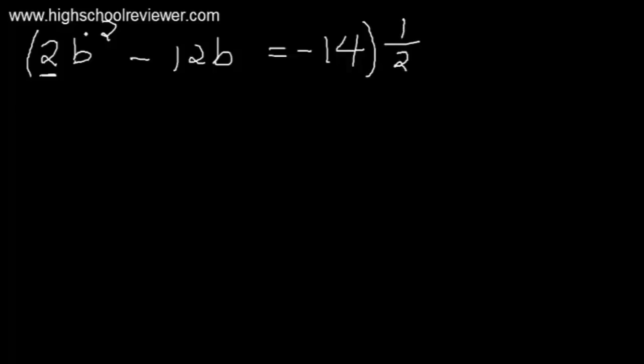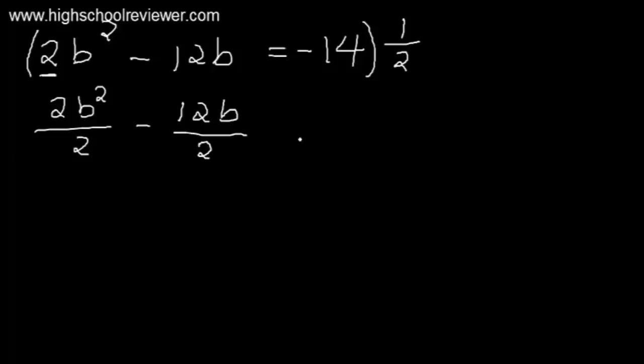Okay, so 2b squared times 1/2, that will be 2b squared divided by 2. So this will be 2b squared all over 2 minus 12b times 1/2, that will be minus 12b all over 2. And this will be equal to negative 14 times 1/2, that will be negative 14 divided by 2.